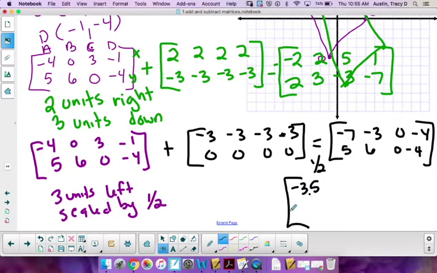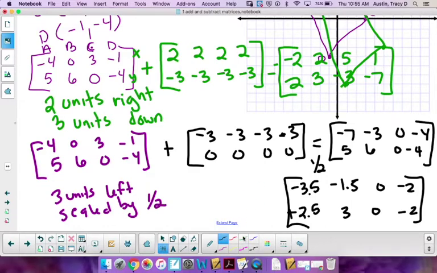So -3.5, 2.5, sorry, -1.5, 3, 0, 0 doesn't change, -2, -2. All right? Okay, so this is going to be my new matrix as far as my shape.